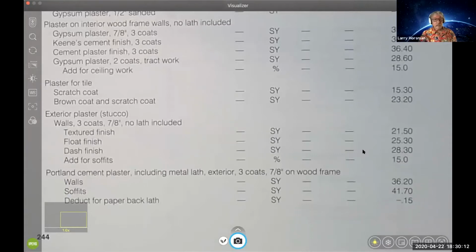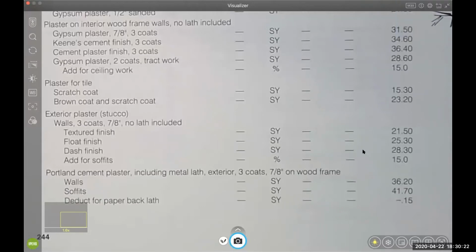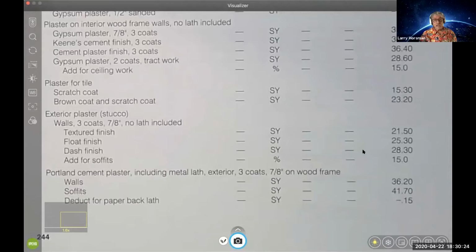We're talking 21.50 a square yard versus 28.30, and that's significant. If we have any soffits, which I don't think we do in this, but if we had a soffit, that's overhead, and that's going to cost a little bit more money.